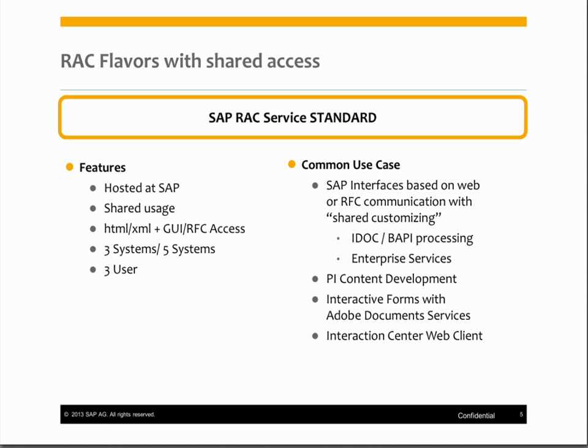There are access opportunities for both web-based protocols and SAP-owned protocols, and independent of the package, there are 3 systems or 5 systems included in your subscription, and you can get up to 3 users per system.